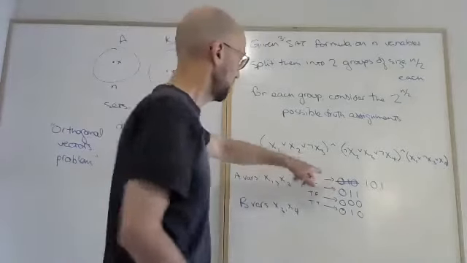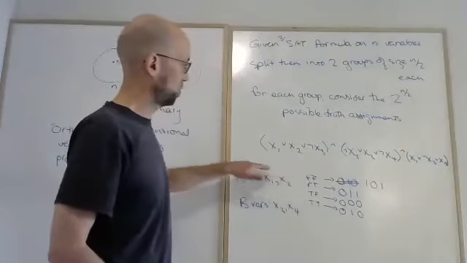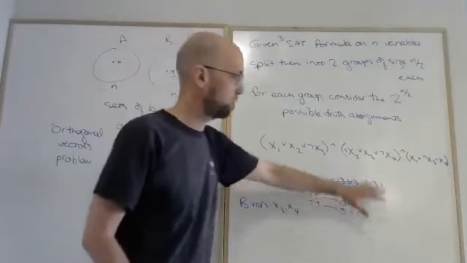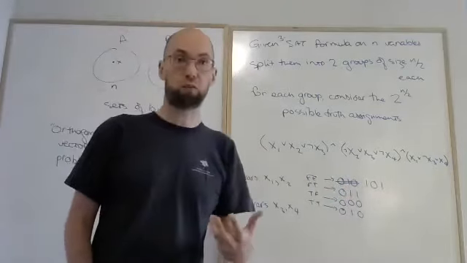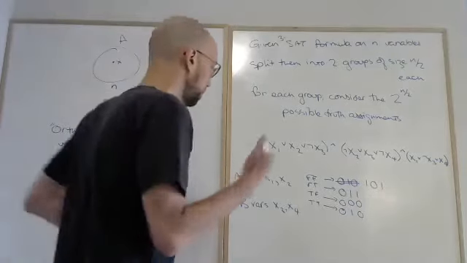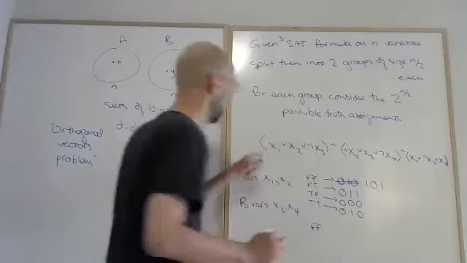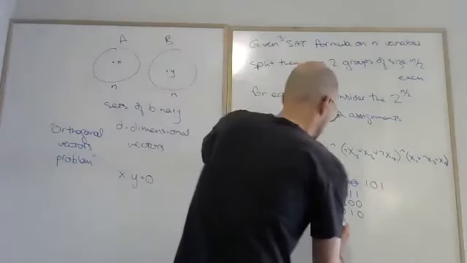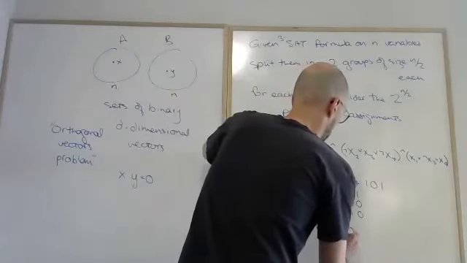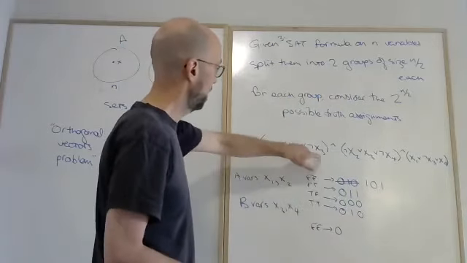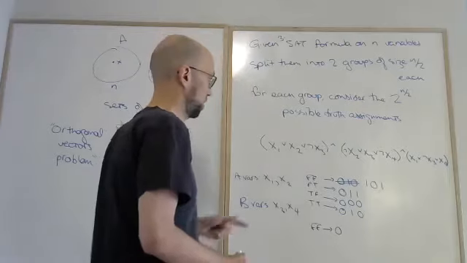How many things are there here? Well, this is n over 2 variables, so this is 2 to the n over 2 vectors. And then here I have the same thing, but for x3, x4. So false, false. This satisfies this because x3 is false, and not x3 is true.